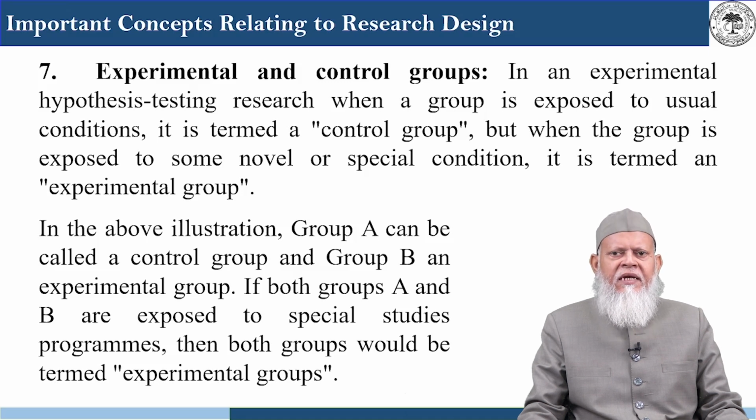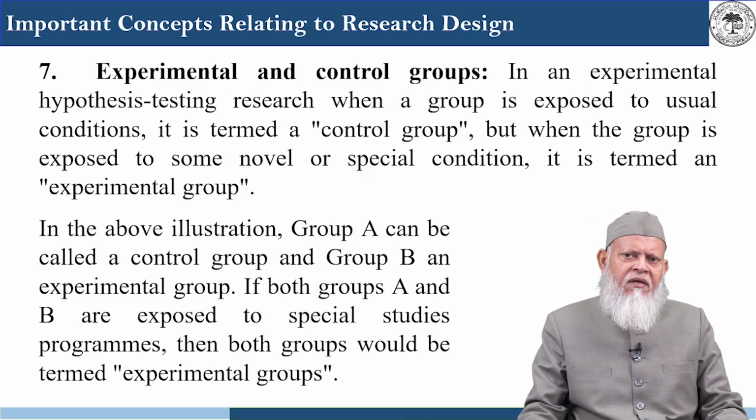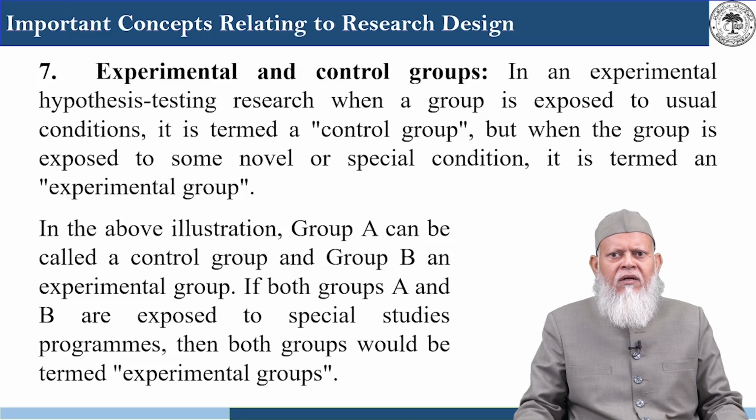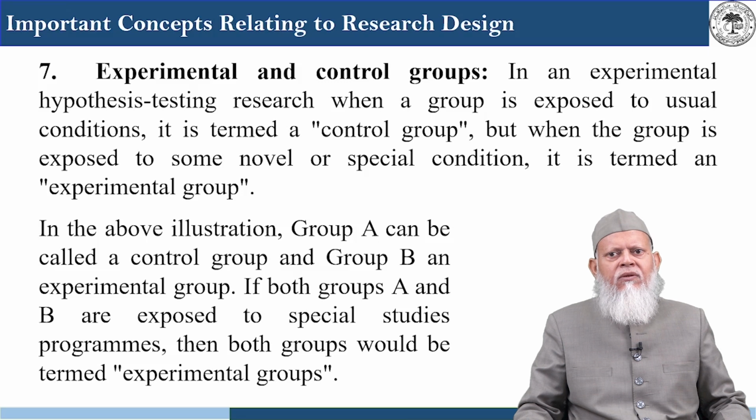Further, next example, when we are studying the impact of special coaching, what did we do? We made two groups. In one group, there was normal coaching, no special coaching.